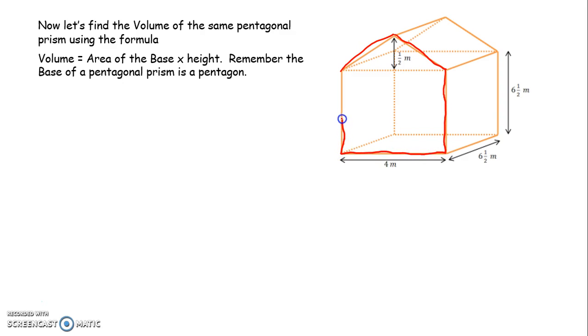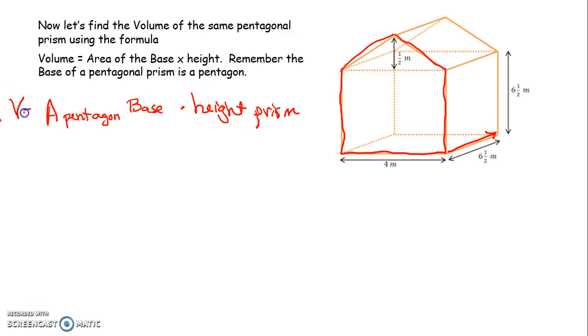So if it's a pentagonal prism, the base is this pentagon, and the height is how deep it goes. So for our area of our pentagon base, times the height of our prism will give us our volume. That'll give us our overall volume.